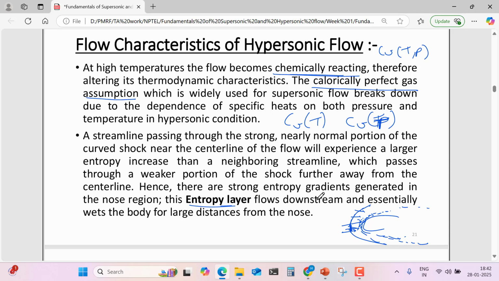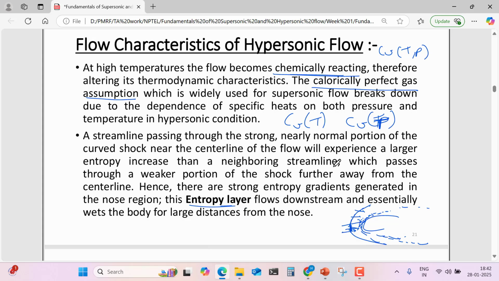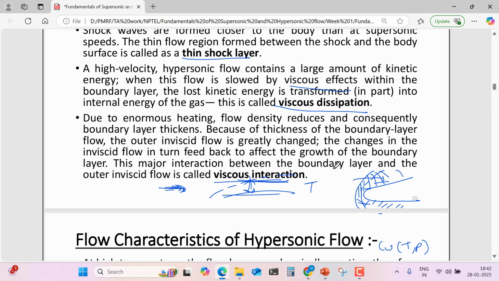Sir, one doubt I am having. This kinetic energy dissipation will be in the boundary layer, and due to compressibility also, across the shock. Both regions will be there for the kinetic heating, am I correct, sir? Due to the viscous effect within the boundary layer, the flow will slow down.